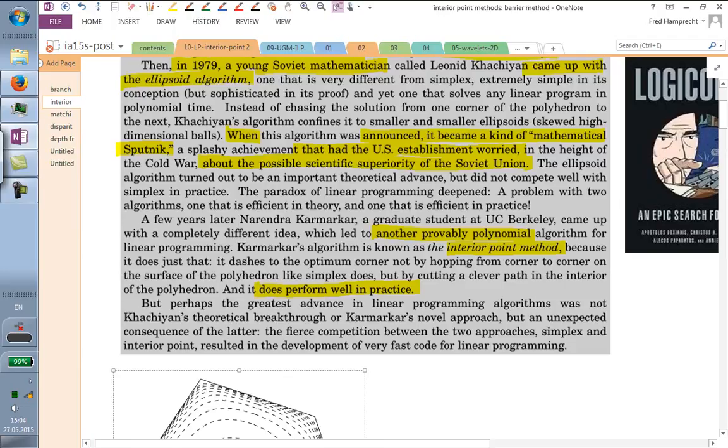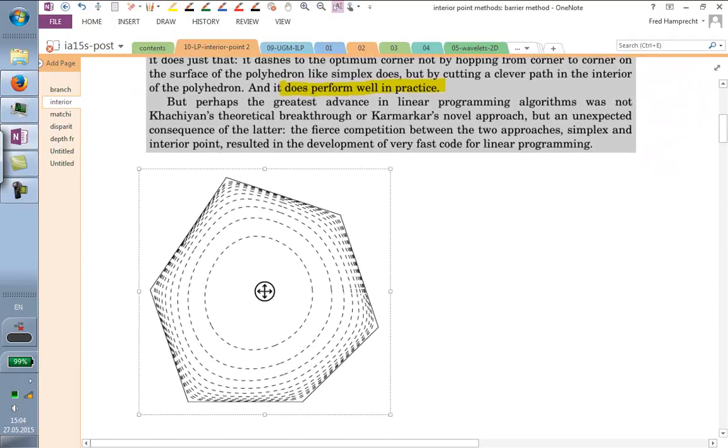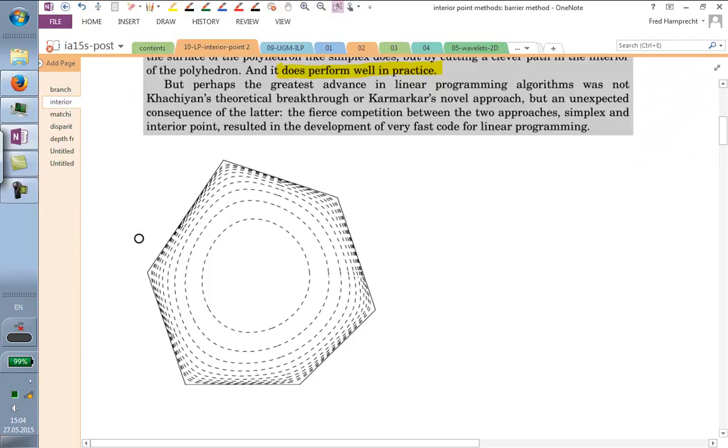Okay, but now to the algorithm, which in a way should be very popular with physicists because it builds on a physical metaphor.